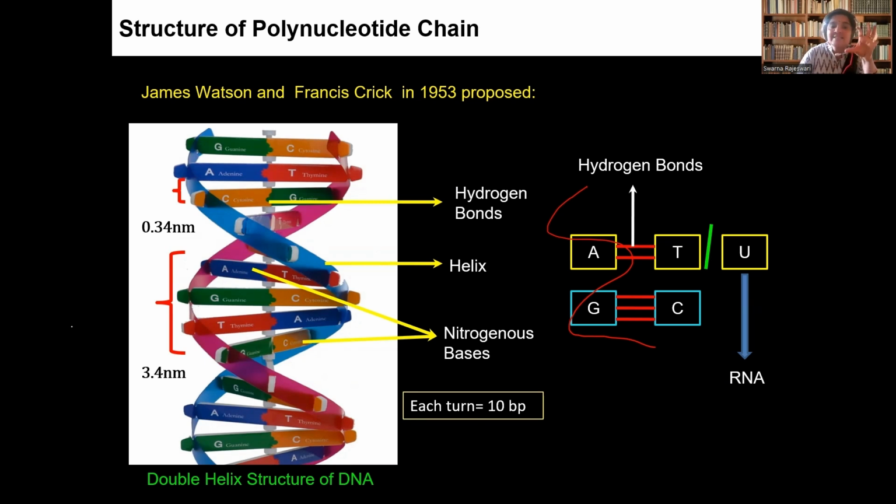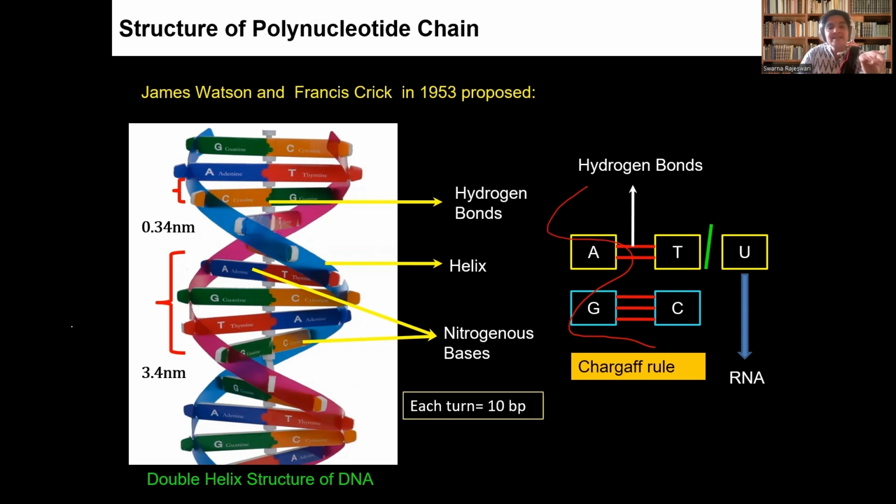Each turn contains 10 base pairs. Adenine is linked to thymine by 2 hydrogen bonds, and guanine is linked to cytosine by 3 hydrogen bonds, which we call Chargaff's rule.